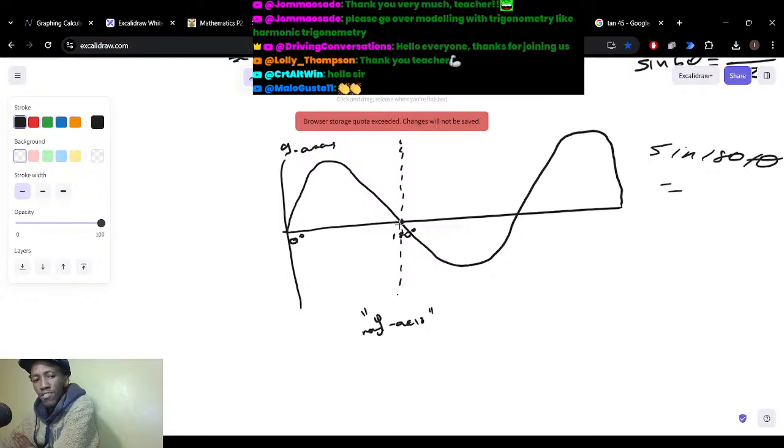Now when you inspect the graph, it doesn't resemble a sine graph, because a sine graph increases from here, but when you start here it decreases. But look carefully. Let me just draw the graph here. This is the graph.